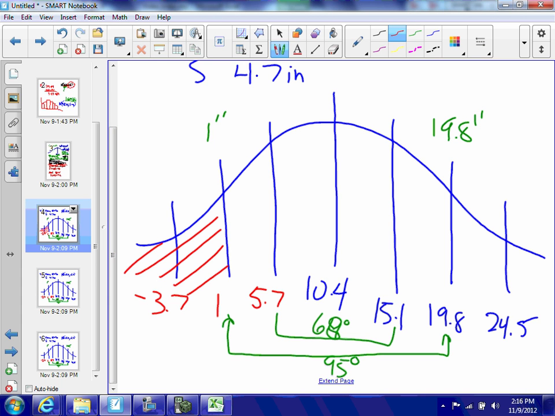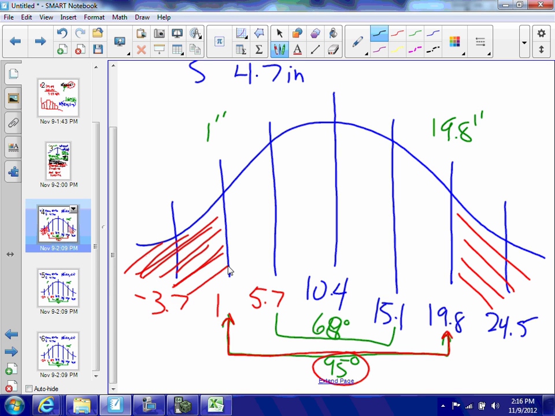And we know that 95% of the trees are between 2 standard deviations negative and 2 standard deviations positive. That covers 95% of our trees. So that means that this piece here on the outside plus this piece over here on the outside of our 2 standard deviations is equal to 5%.